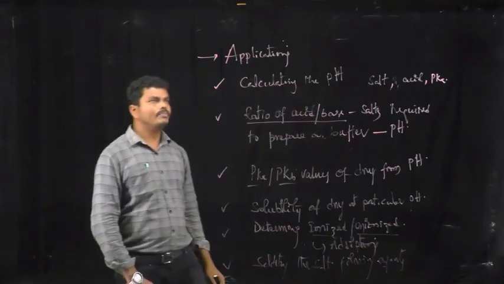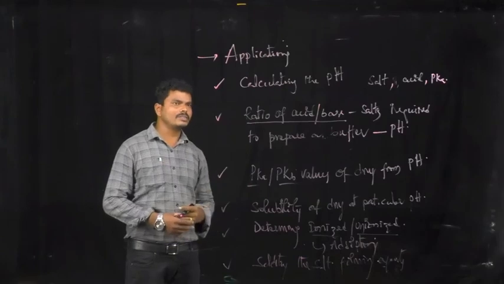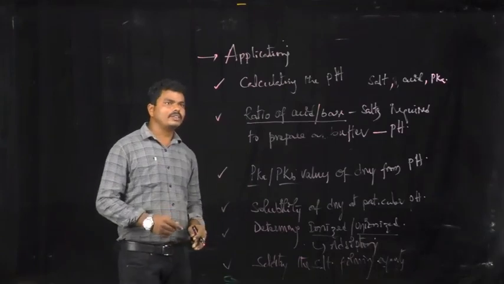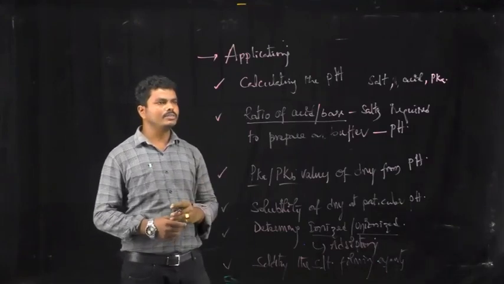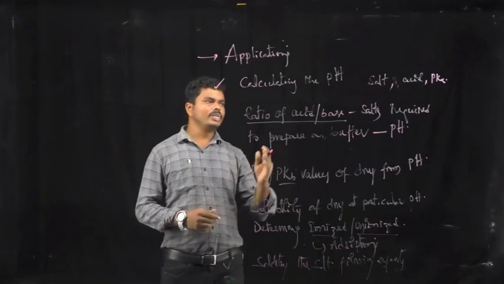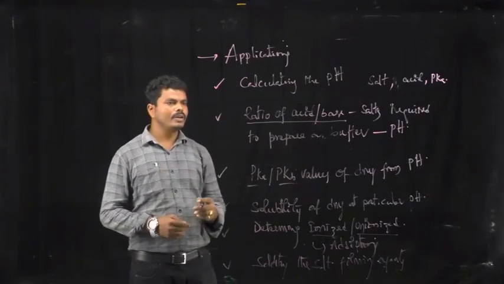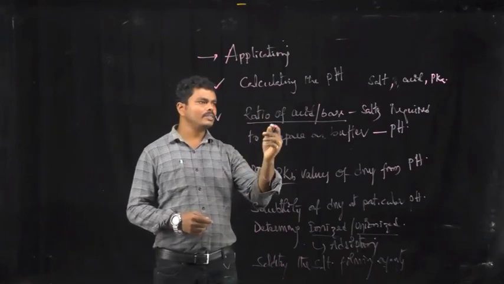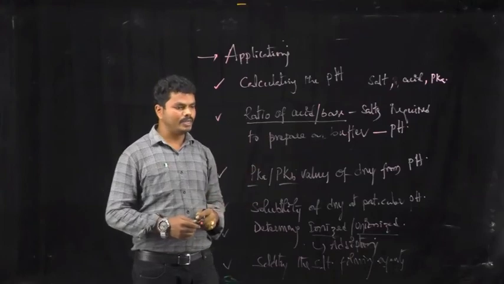So these are the applications or significance of the buffer equation or Henderson-Hasselbalch equation. Repeating once again: first, the equation is useful for calculating the pH of the buffer when you know the initial concentration of the salt, acid and pKa. It is useful for determining the ratio of acid and salt required to prepare buffers with a particular pH.